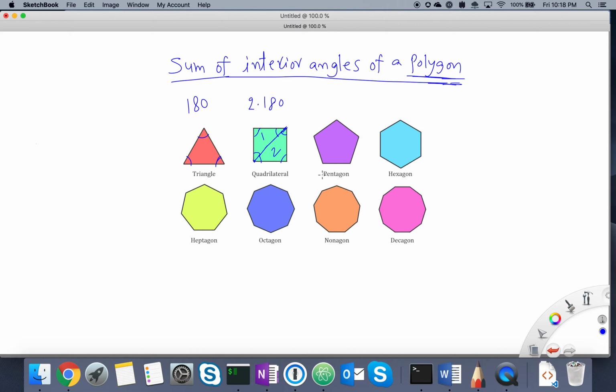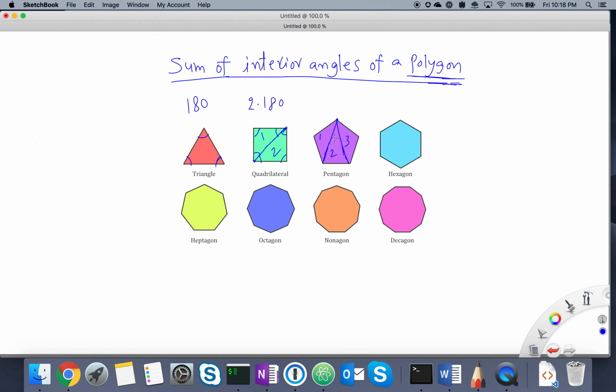And now pentagon. This is a 5-sided polygon. Let me see if I can use the same approach. I'll start with this vertex, and then break this into some triangles. That's 1. I know that's not so straight, but 1 triangle, 2, 3 triangles here.